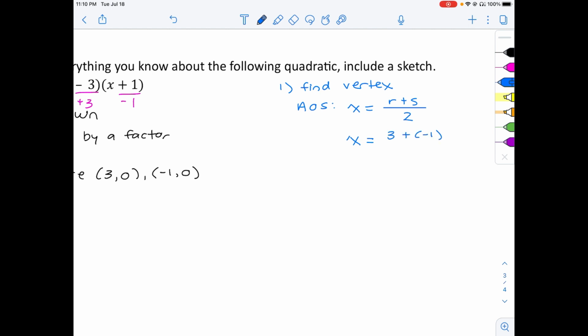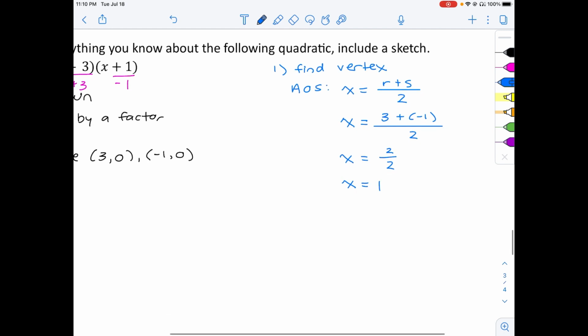Typically I'll just show this as 3 minus 1, but to show you, it's always adding them, and obviously if one's negative, it's going to be subtracting, divided by 2. So 3 plus -1 is just 3 minus 1, so this is 2 over 2. My axis of symmetry is x equals 1. The curve is symmetrical on either side of x equals 1.